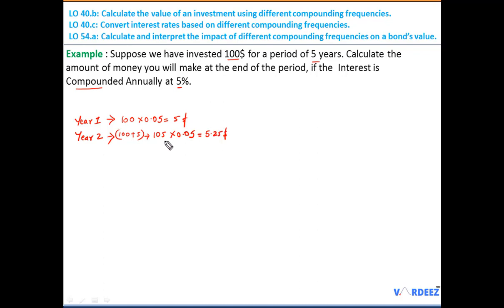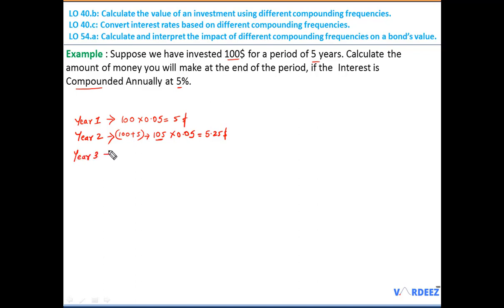So we have taken the amount of interest that we already earned in year 1 and added it to the overall principal, and on this we are getting the interest for year 2. That is why I said that compound interest is interest on interest. That means you get interest on the interest that you've already earned, and that's the major difference between simple and compounding interest.